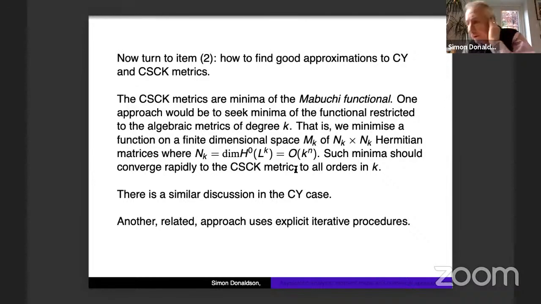What we're going to talk about for the rest of the talk is some explicit iterative procedures which produce approximations. And this is not completely disjoint from what we've been saying above. It's just a slightly different way of going about things.